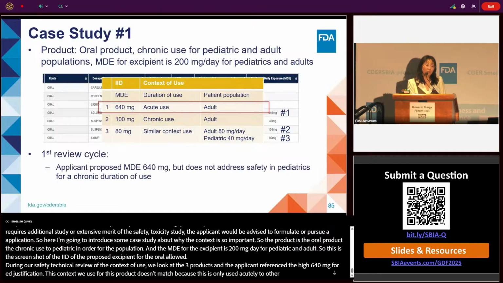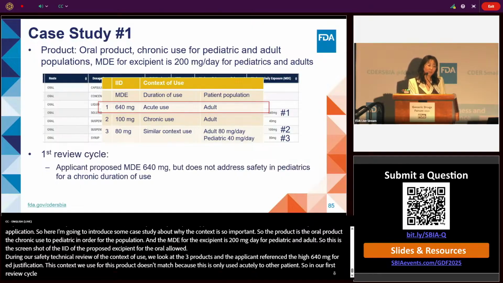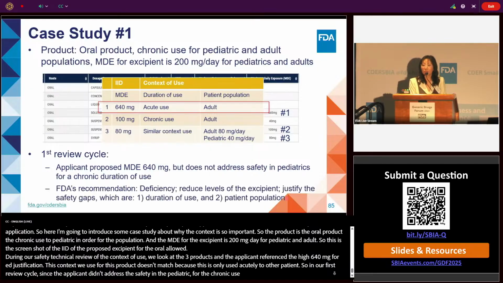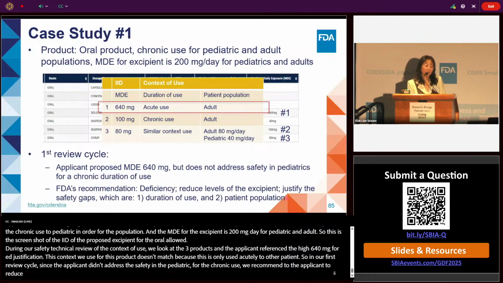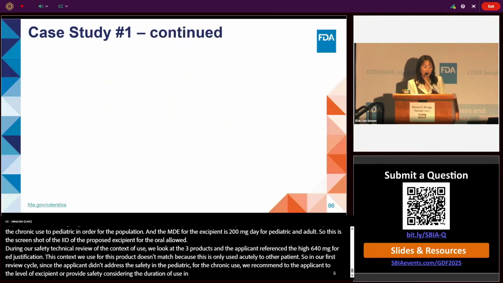So in our first review cycle, since the applicant did not address safety in pediatrics for chronic use, we recommended that the applicant reduce the level of excipient or provide a safety justification considering duration of use and patient population.